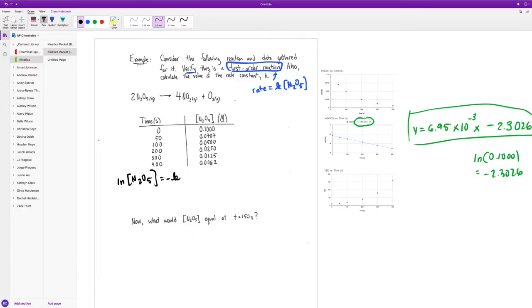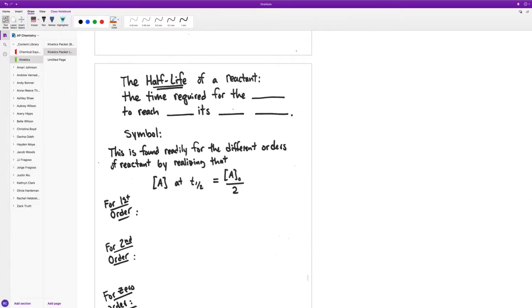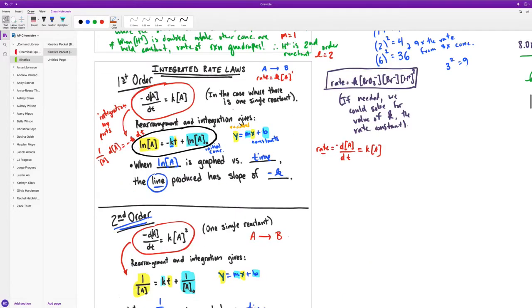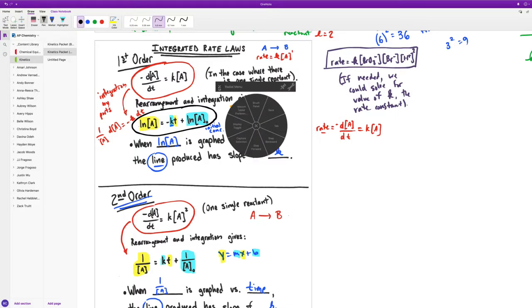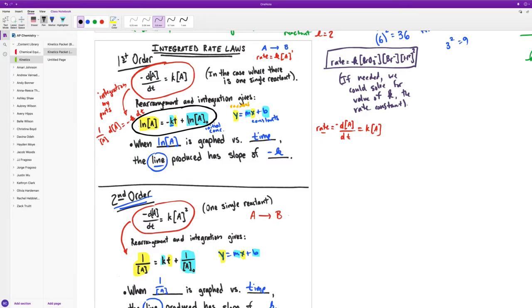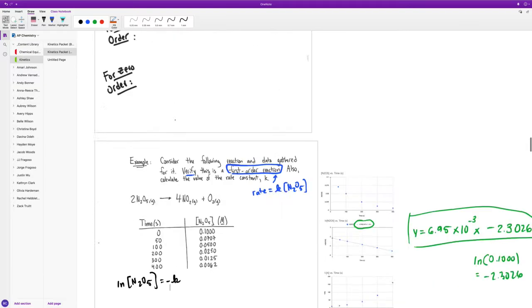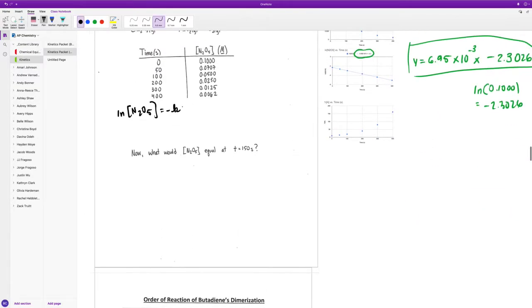Why negative? Because if it's a first order reaction, the integration leads to this negative value showing up in here. So we've got to remember it's negative kt plus the natural logarithm of that initial concentration.